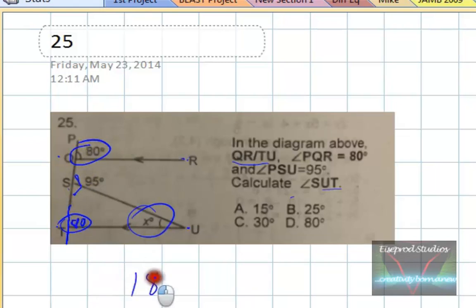So 180 minus 95 is going to give us 85. That's all in degrees. So now we know that this angle is 85 degrees. So now we know two of these, we can easily find a third one. Remember, the angles inside of a triangle will add up to 180.